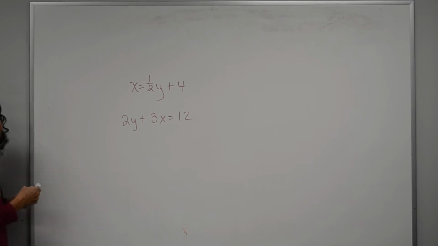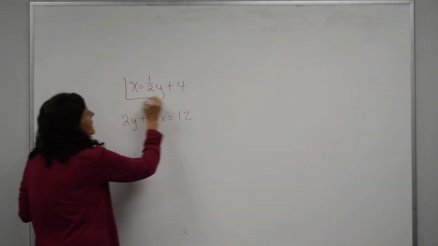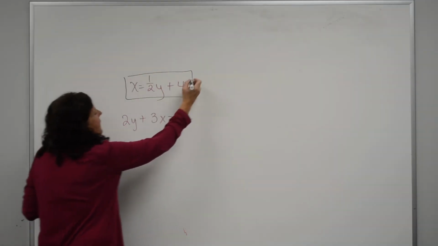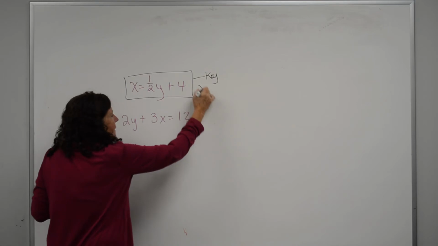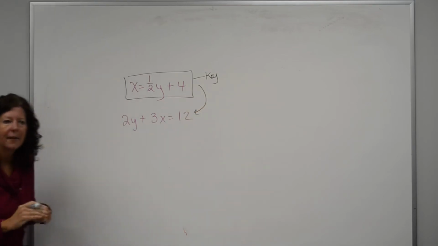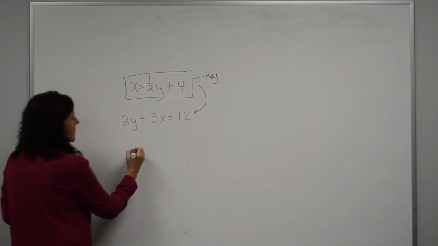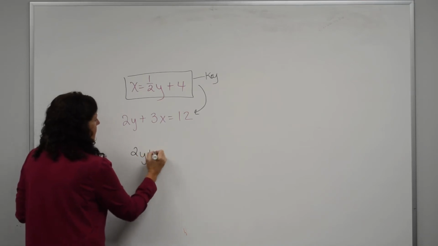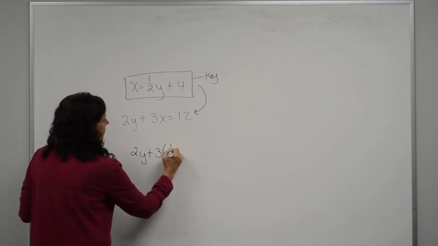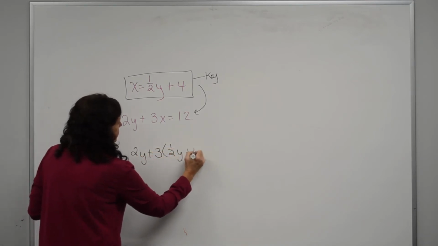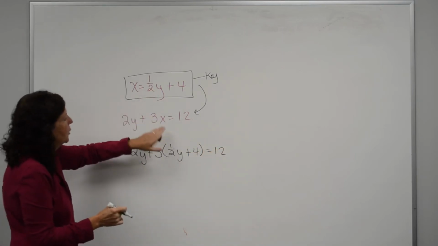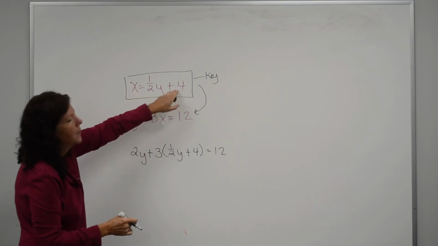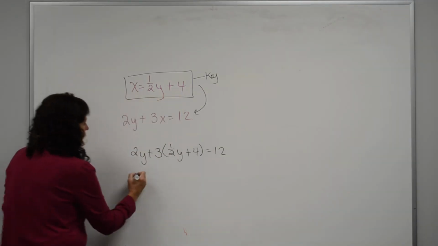Remember, you're gonna make this into your key, and then you're gonna substitute it in down here. I'm gonna actually work it out while you're working it out there. So Vivian, in other words, I don't put my x here, I put what x is equal to.